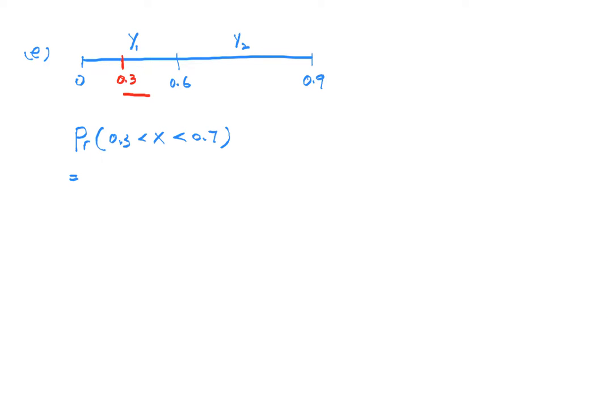It goes to 0.6. After that, it goes to 0.7. You see, it used two different functions. Am I right? So when you want to find the probability, you have to write two different integrals.